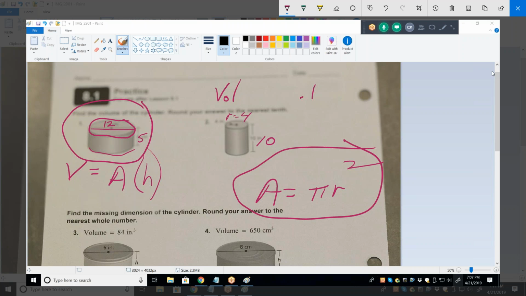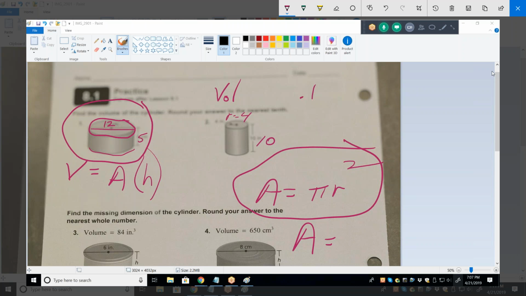So in this particular case, what is the area? What's R? R is the radius. In this case, what is R? I'm so confused. The diameter is 12.